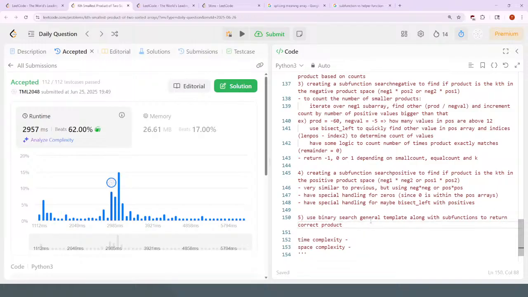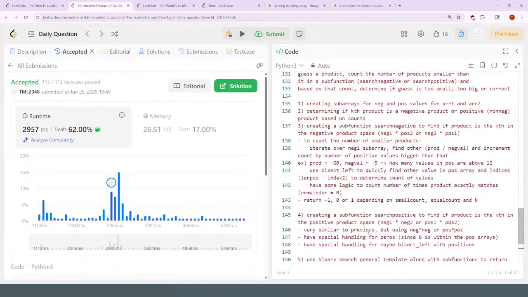and a slight optimization is to use low and high product values from the actual values in the subarrays.